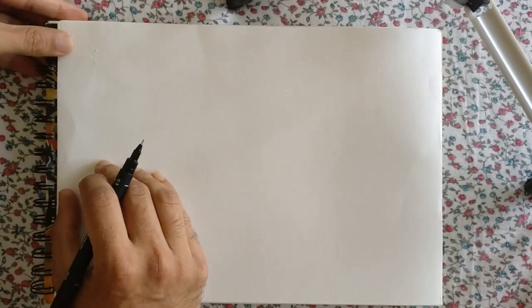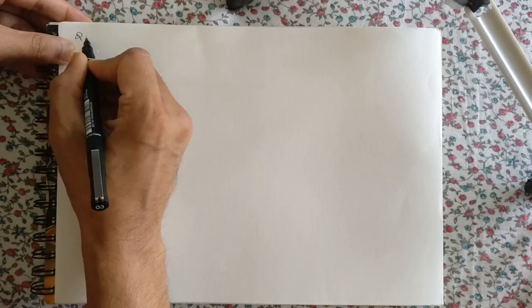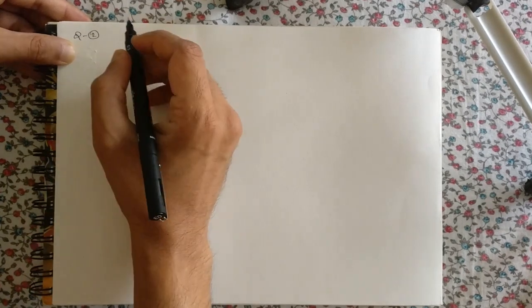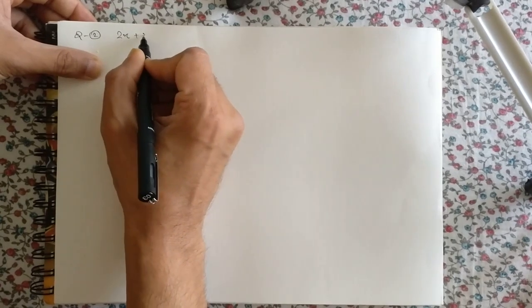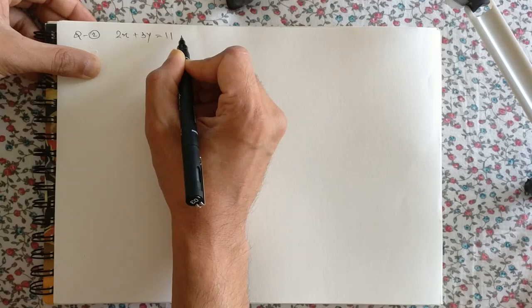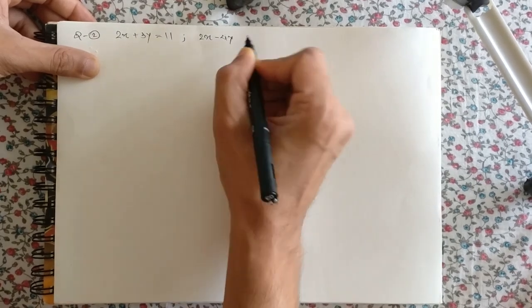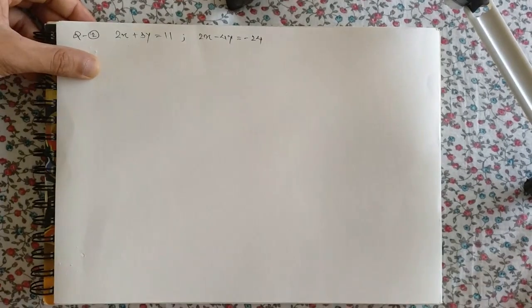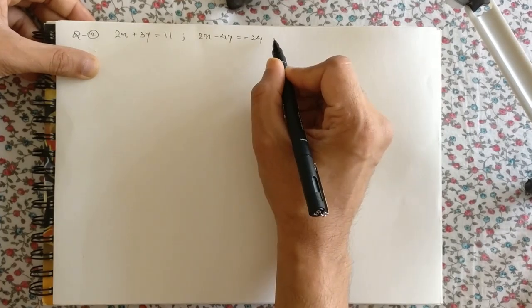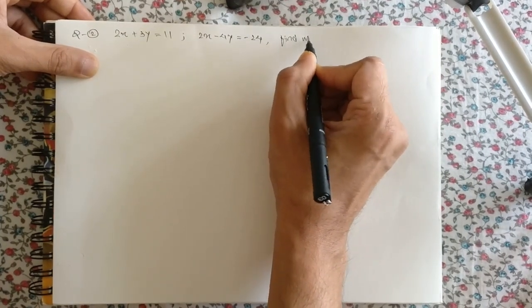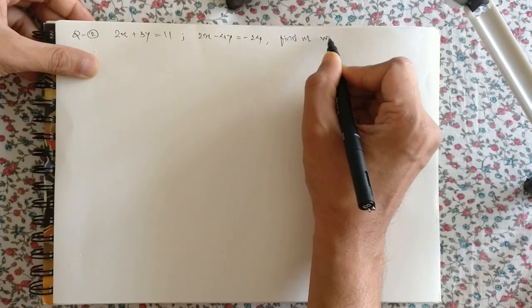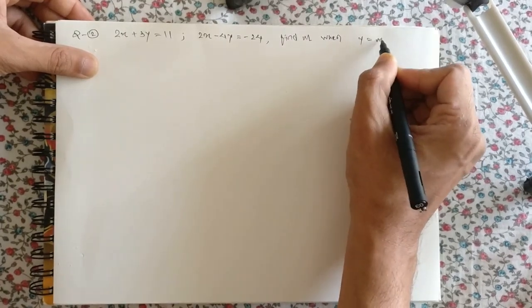Okay, the next one. Question number 2. Solve 2x plus 3y is equal to 11 and 2x minus 4y is equal to minus 24, and hence find the value of m for which y is equal to mx plus 3.